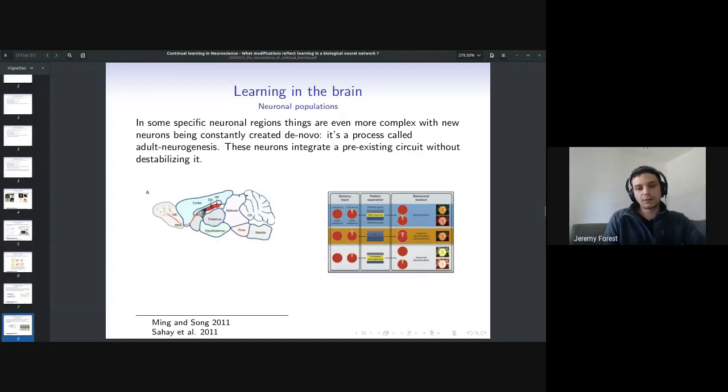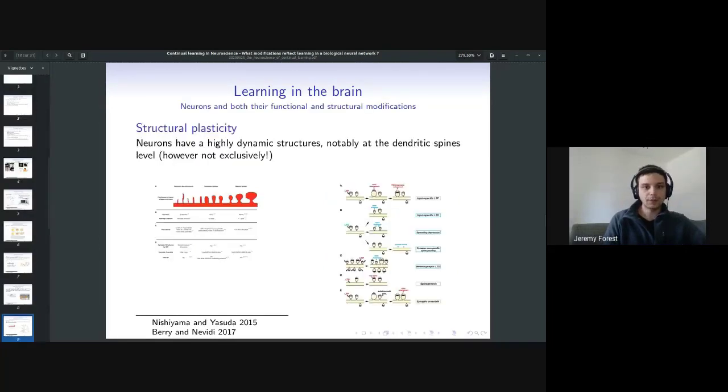Its role has been shown, for example, to be important in pattern discrimination. If you take two very similar images, with neurogenesis you're able to discriminate those two. Without adult neurogenesis, you were not able to do that. And if you have an increase of adult neurogenesis, then the discrimination is even easier. So that's another building block of how the brain is able to learn different things over time.